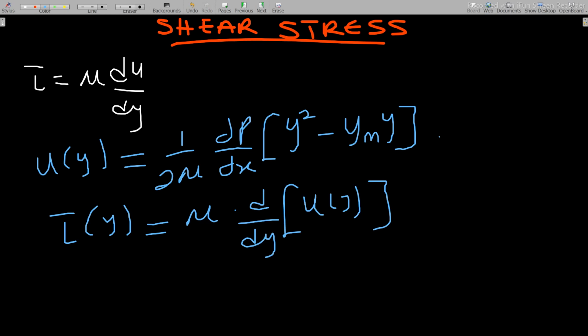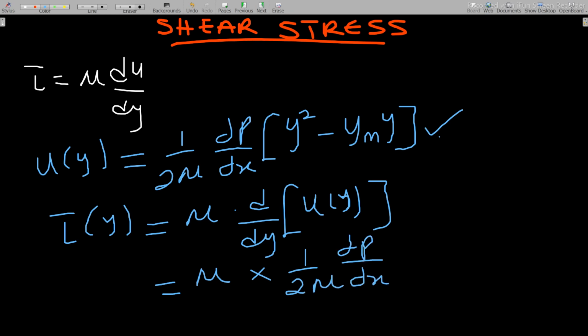Now if I do everything, it's mu times the derivative of u of y with respect to y. When I differentiate, 1 over 2 mu del p del x are all constant, so I just multiply by 1 over 2 mu del p del x, then I differentiate the brackets and get 2y minus ym.